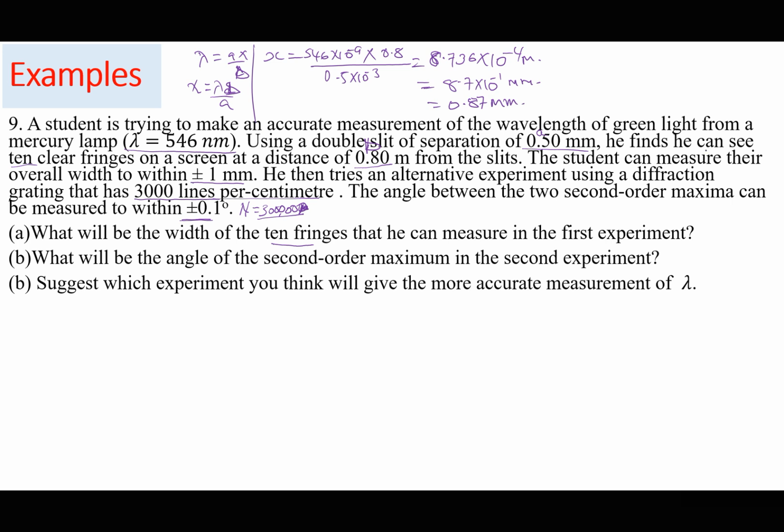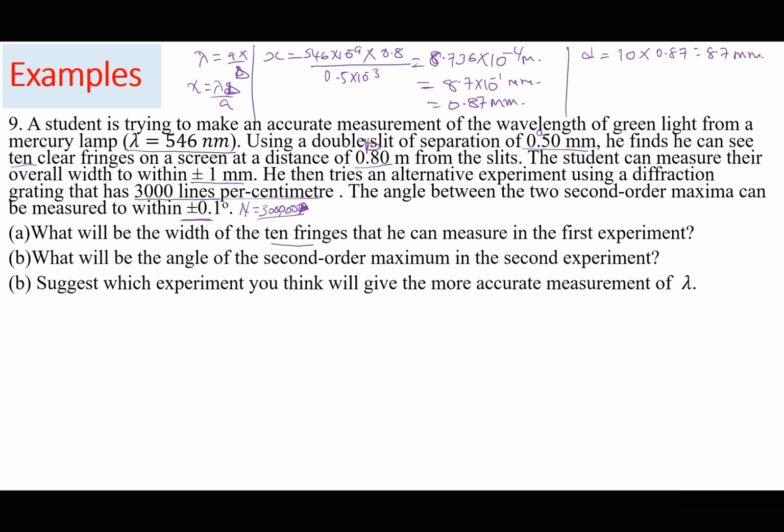But they said he finds he can see 10 clear fringes on a screen at a distance 0.8. So if these are bright fringes and they are 10, and the distance between the two is 0.87, I'll just multiply this by 10, and the separation of 10 fringes is going to be 10 times 0.87, which is equal to 8.7 millimeters.